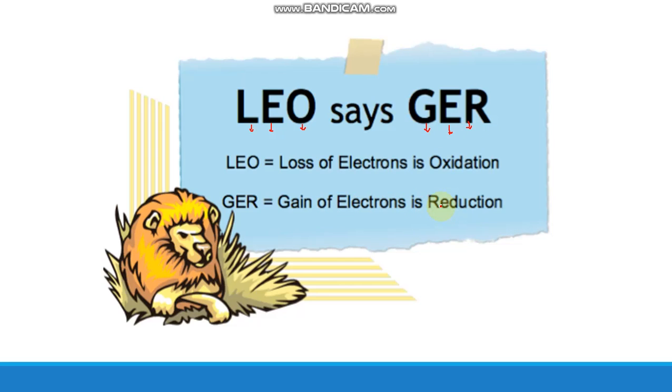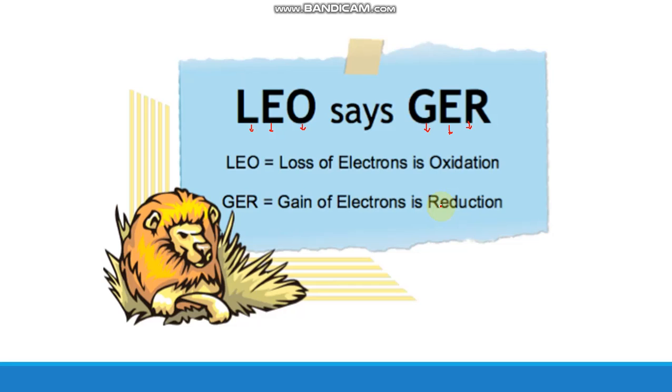Now, this was the first objective, to define a redox reaction. So a redox reaction is a reaction where we have a transfer of electrons between reactants, and oxidation is the process where a chemical species loses electrons, and reduction where a chemical species gains electrons.